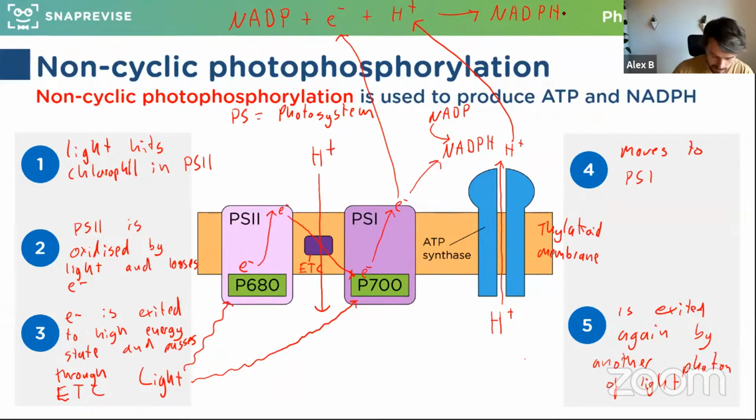Photoionization is the excitation of the electron. So photoionization, the excitation from a photon.